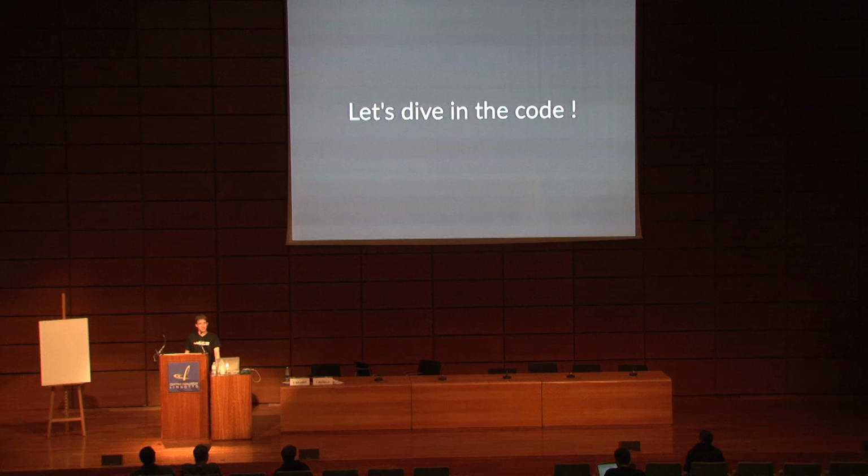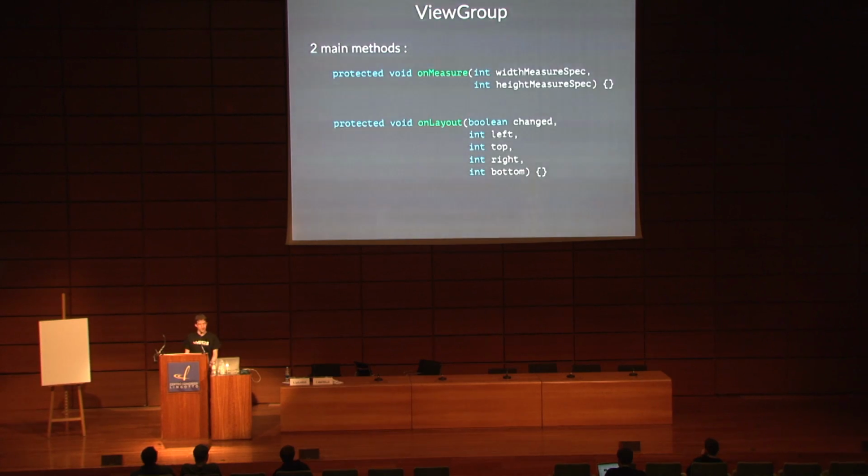So let's dive a little bit into the code in order to understand why we have these issues with view groups. There are two main methods in ViewGroup, onMeasure and onLayout. onMeasure is basically there to make the view group measure, first itself, and secondly, each of its children.